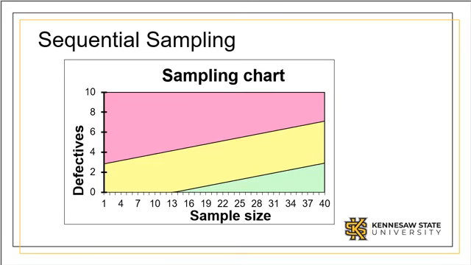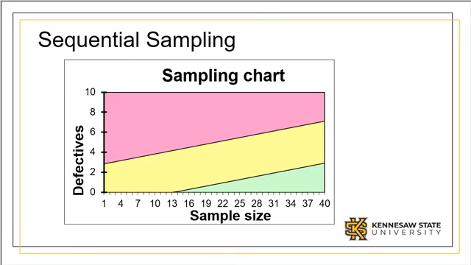In the plan above, there are 3 regions: green, accept the lot; red, reject the lot; yellow, check more. The size of these regions are dependent upon the inputs mentioned above.